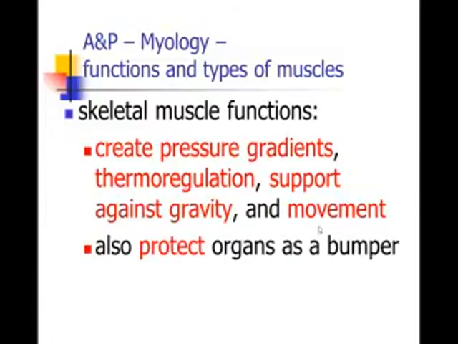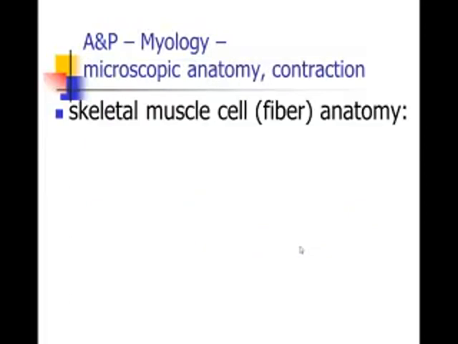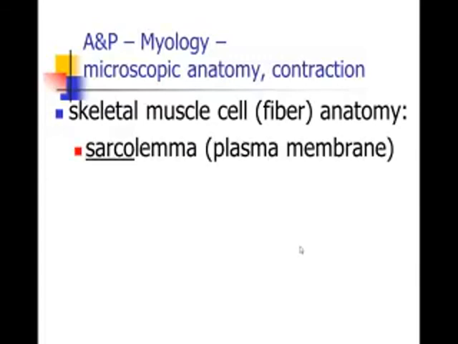It is possible a fifth function could be protection, as sort of a bumper. So for example, if you look at the arm, the biceps brachii is superficial to the bone. So if you get hit in the arm, your biceps brachii takes the impact and your bone doesn't get impacted as much.